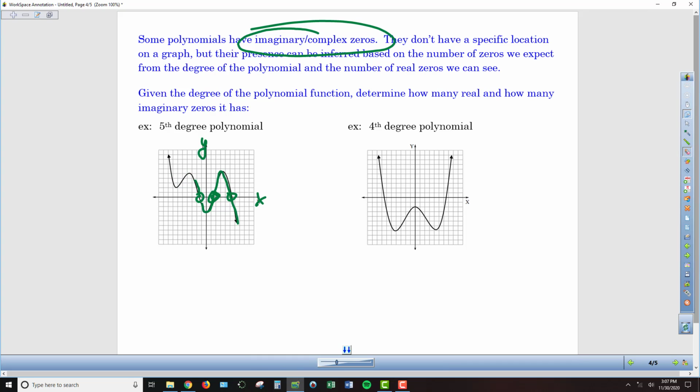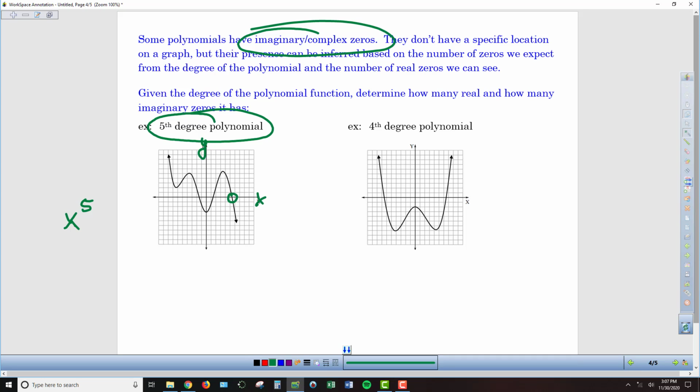So that's an indication that we are going to have some imaginary zeros. Now if we clean up our picture here, for the directions we're asked to determine how many real and how many imaginary zeros it has, and we're told that this is a 5th degree polynomial, meaning the highest exponent is 5. So that means it should have 5 zeros. It should have 5 numbers that when plugged into the function generate 0 as an output.